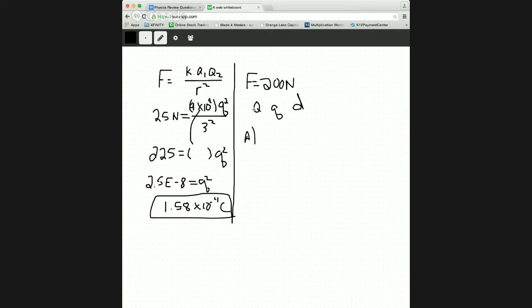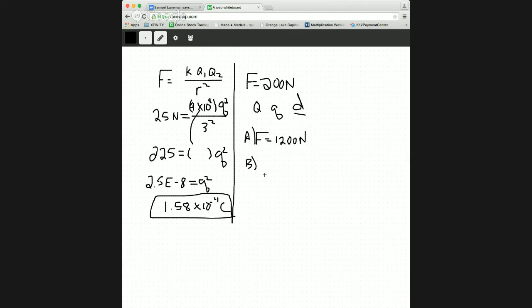Well, if we double big Q and triple little q, this value is going to be 6 times greater. So nothing else changed. So my force is then going to be 6 times greater. So that would be 1,200 newtons, right? For part B, it wants to know if we reduce the distance to 1/4.